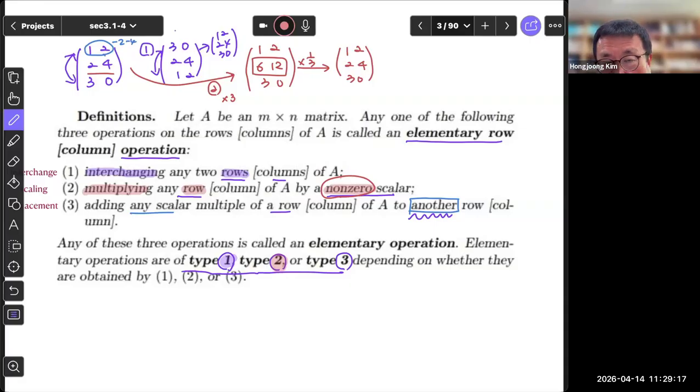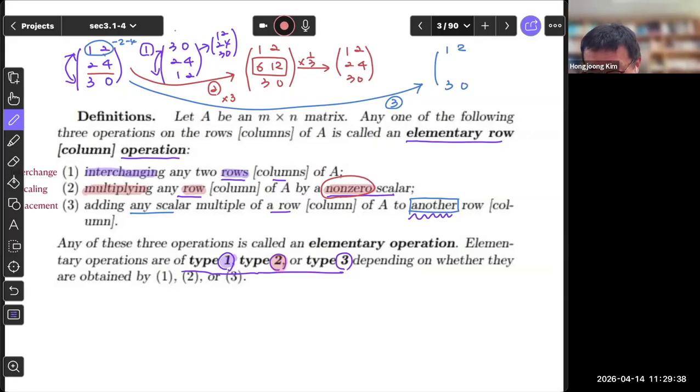So -2 and -4 can be added to the second or the third row, but not the first row. So if I add that to the second row, then the first row is not changed. The third row is not changed.